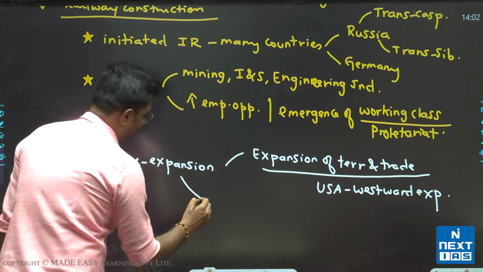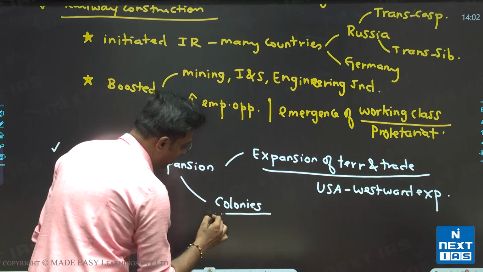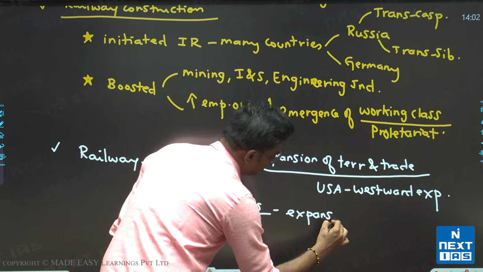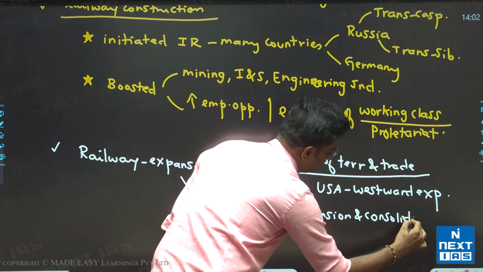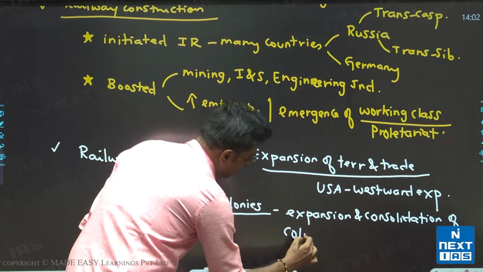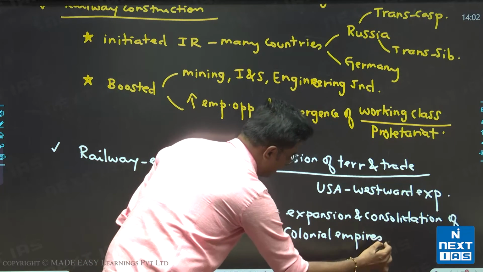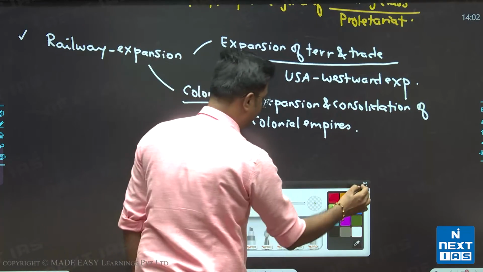The expansion of railways in the colonies, that is the third world, resulted in expansion and consolidation of colonial empires. Again, you can quote the example of India.